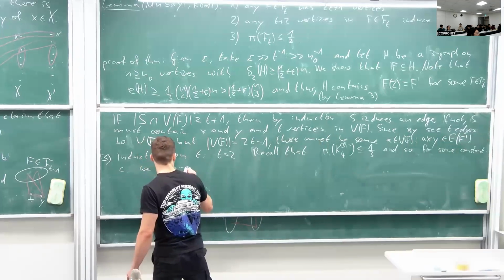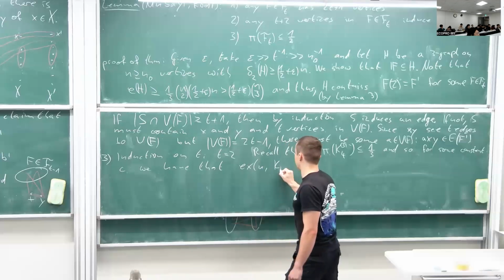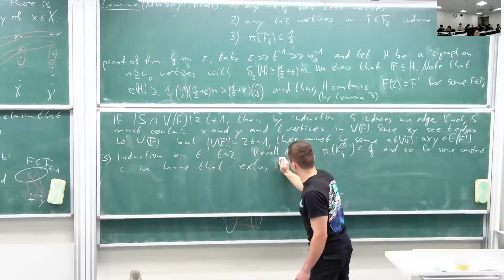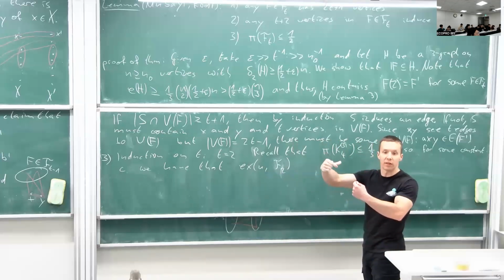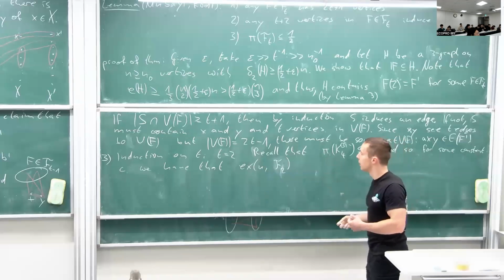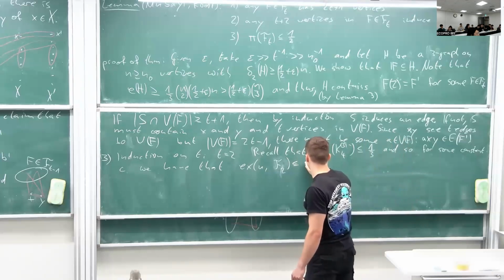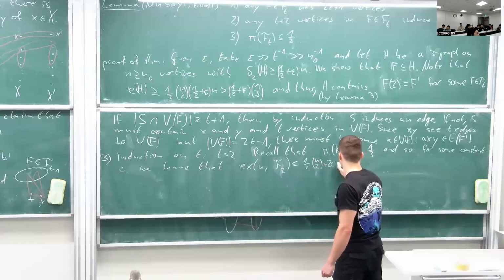We have that the extremal number of F_T. So F_2 is just the family consisting of that one graph that I mentioned in the beginning. That this is at most 1/3 times n choose 2 plus C times n squared.